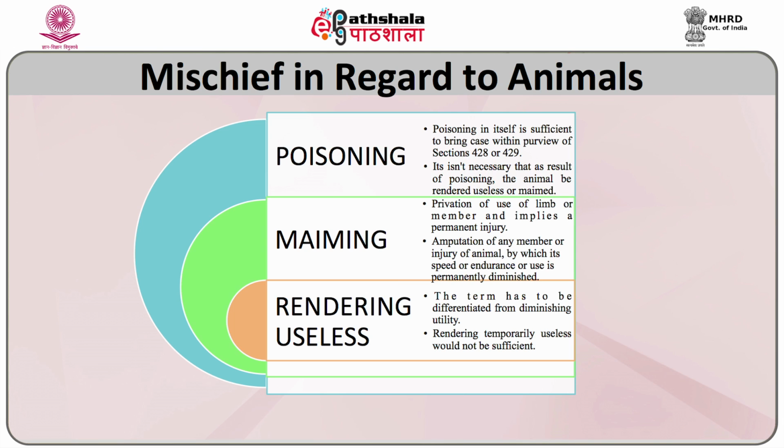Amputation of any member or injury of an animal by which its speed or endurance or use is permanently diminished would also qualify as maiming. Moving on to the term rendering useless, it has to be differentiated from diminishing of utility. Rendering temporarily useless would not be sufficient to be covered under this section.